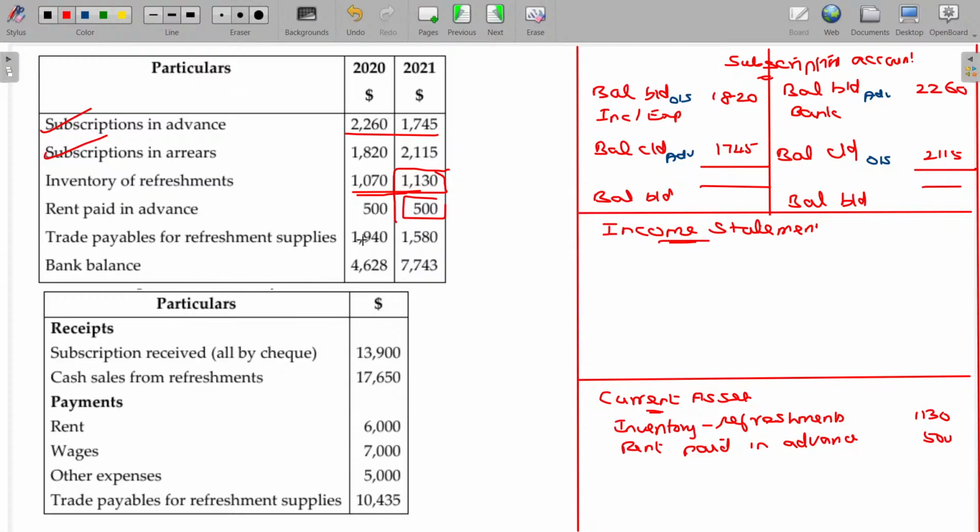Trade payables for refreshment supplies is a current liability, so it will not come here. Bank balance is also a current asset. This bank balance being 7,743.